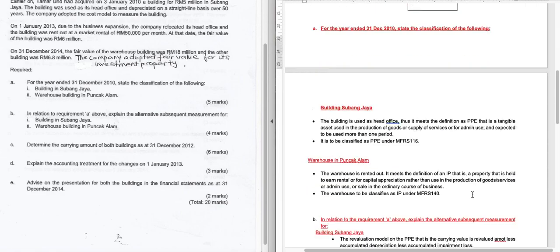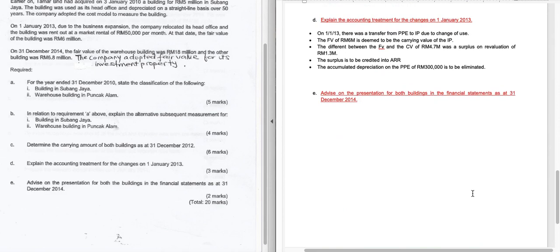So how do you answer here? What you say, because both buildings are IP, so both buildings are investment properties.